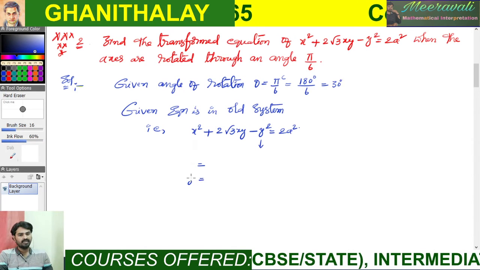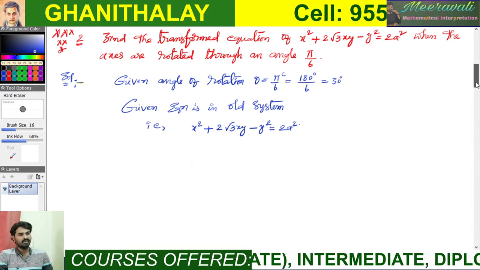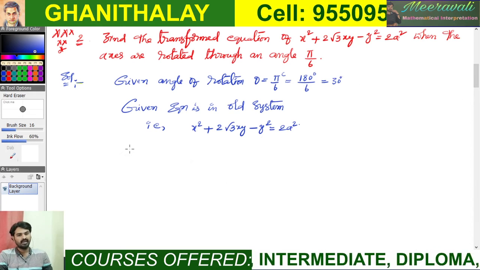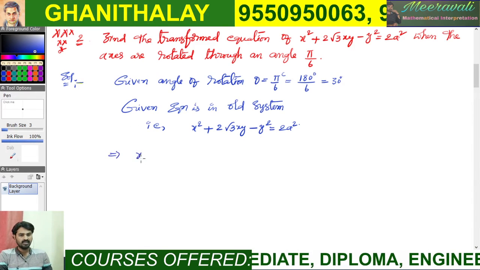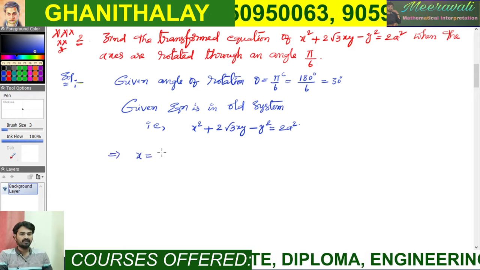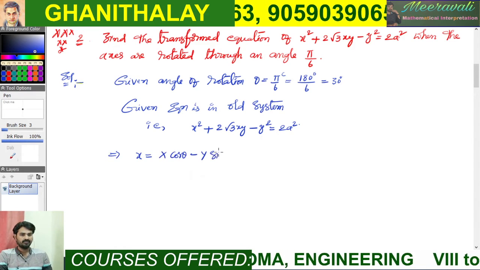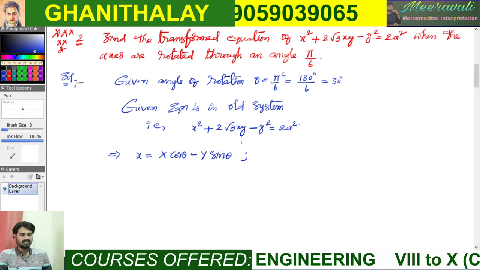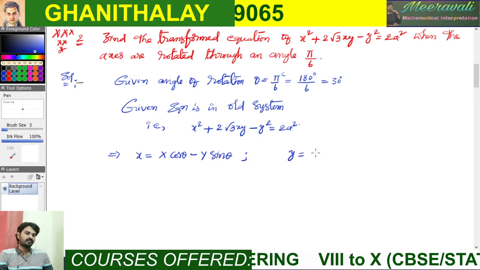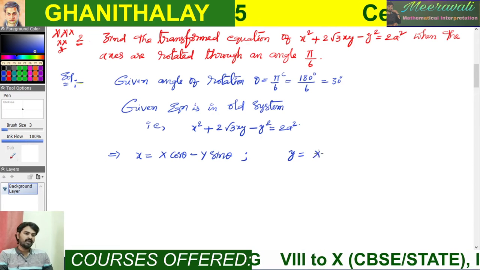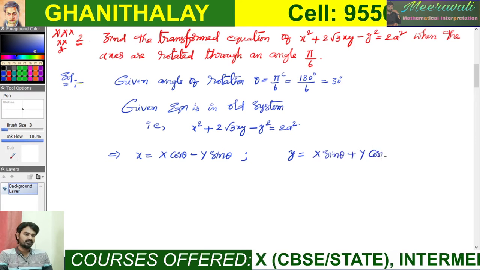That means we can find the small x value from the table that I have told you. What is the formula? Small x is equal to capital X cos theta minus capital Y sin theta, and small y is equal to capital X sin theta plus capital Y cos theta.